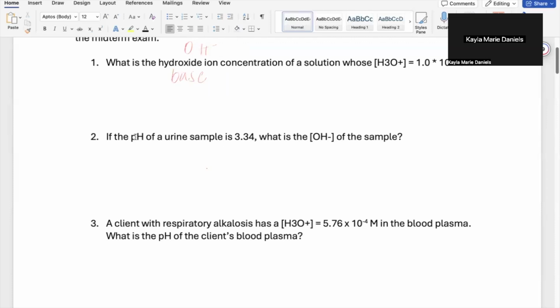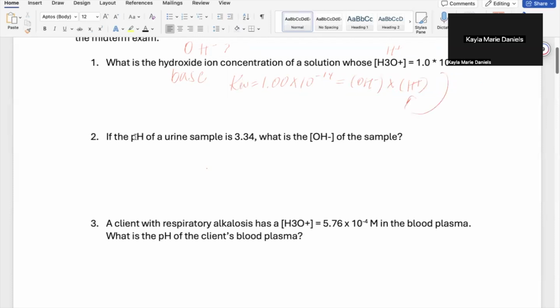And so if we're wanting to find OH and we have H plus, we're going to use the KW formula, where KW equals 1.0 times 10 to the negative 14th, which is equal to OH concentration times H plus concentration, and we can enter that here.